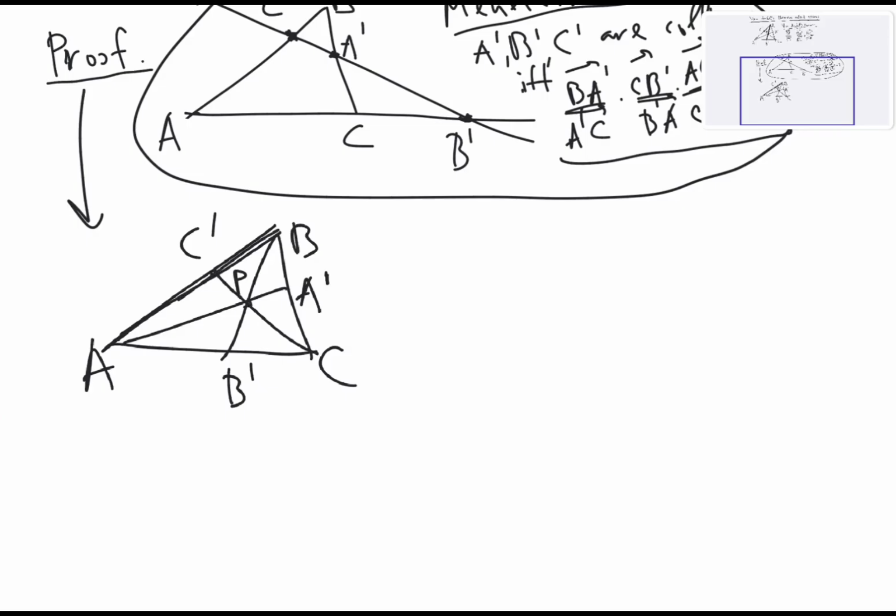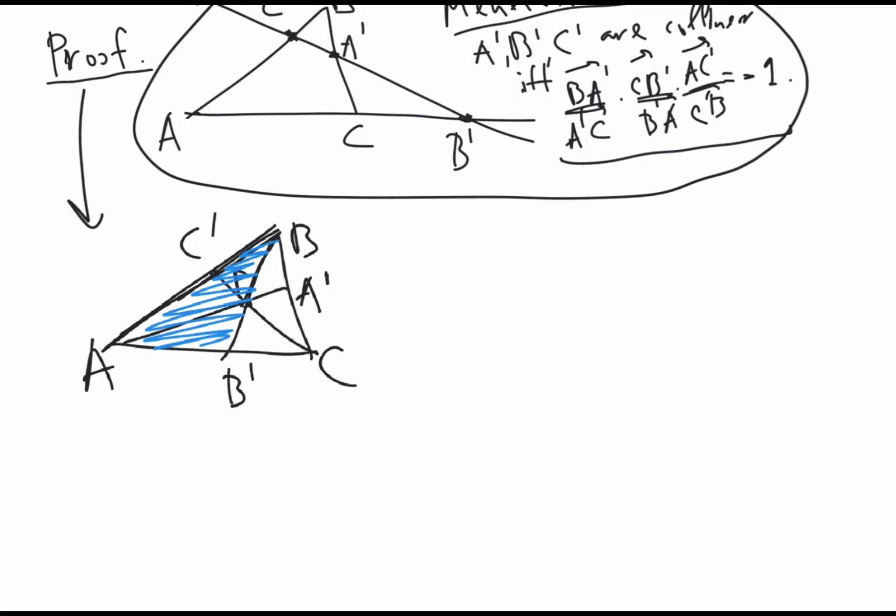This is point P. We are going to apply Menelaus' theorem to this triangle and this line.